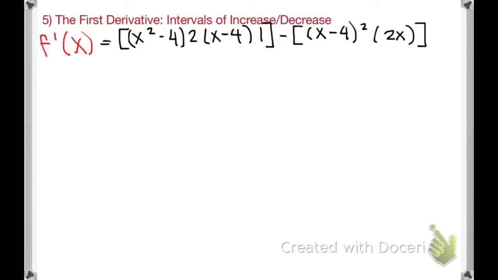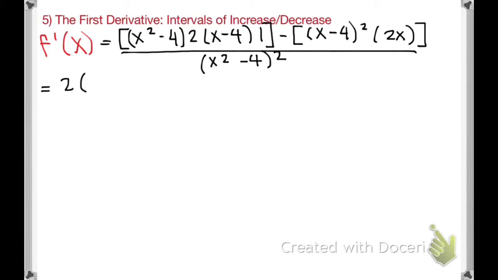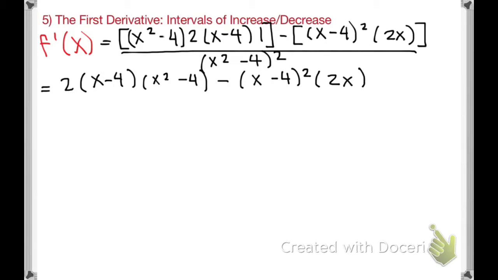And all of that is going to be over a denominator of the quantity x squared minus 4 to the power of 2. Now when we simplify that a little bit, we're going to get 2 times x minus 4 times x squared minus 4, minus the quantity (x minus 4) squared times 2x, all over the same denominator of (x squared minus 4) squared.